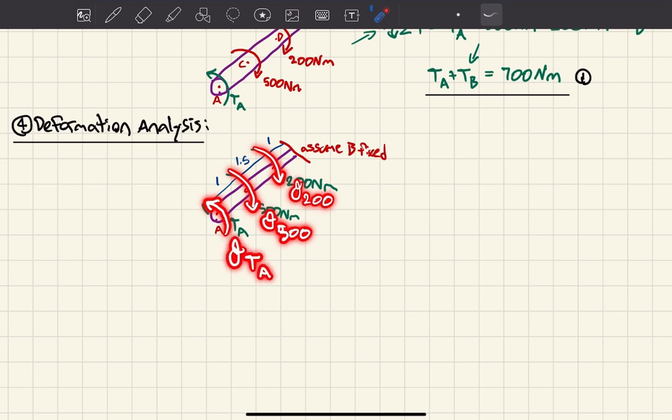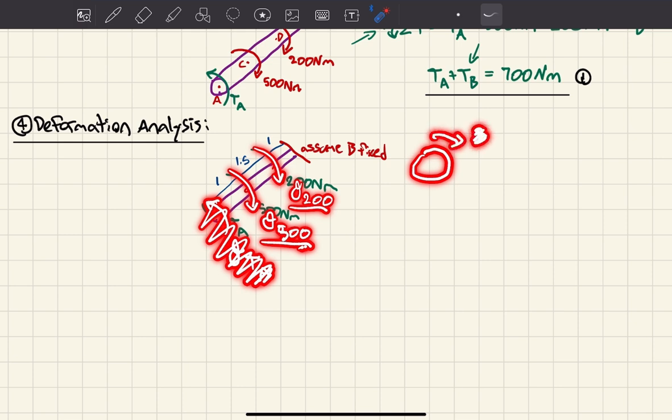Okay, how can I come up with an expression? Well, let's say, just as an example, let's ignore TA for now. Let's say that these two torques right here cause an angle of deformation of, I'll exaggerate, let's say 30 degrees.